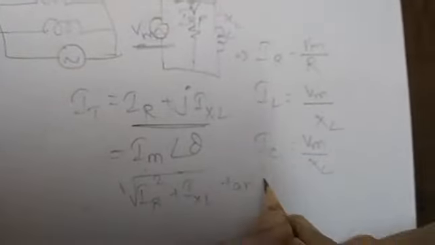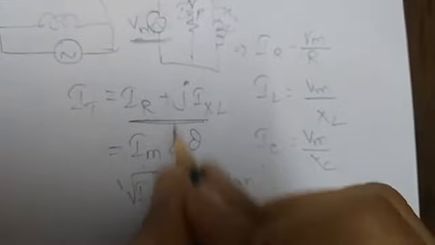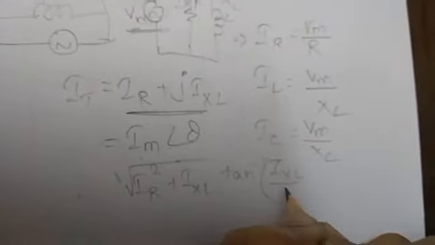Otherwise, in your calculator, if you directly convert rectangular to polar or polar to rectangular, you get these two values. Theta is the tan inverse of IXL by IR.